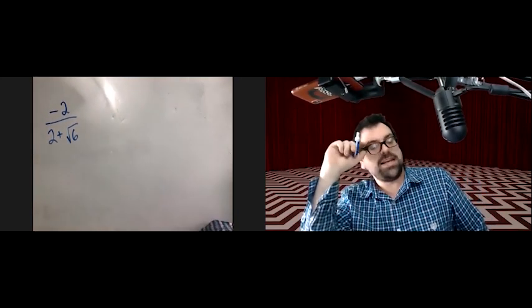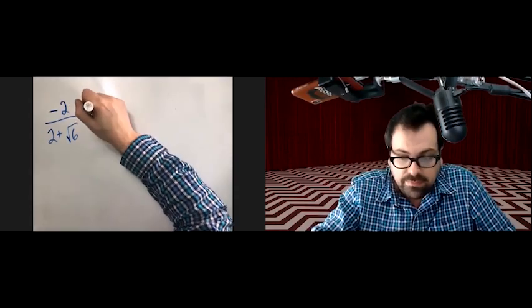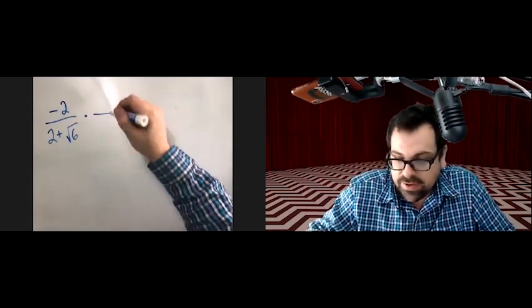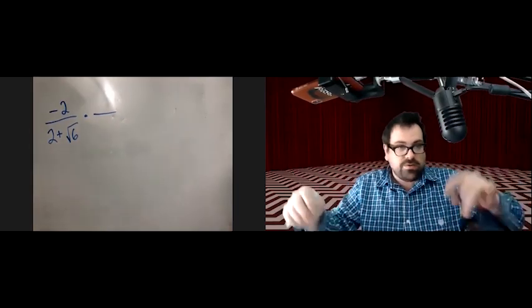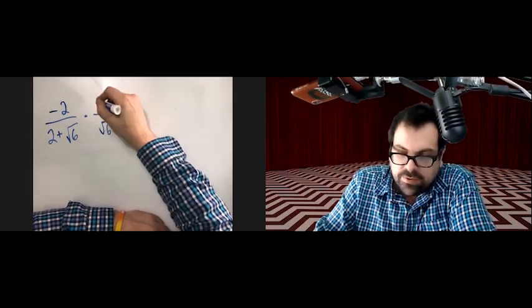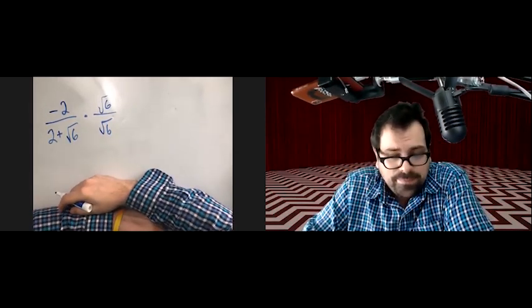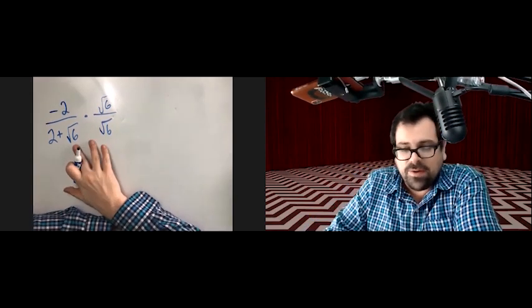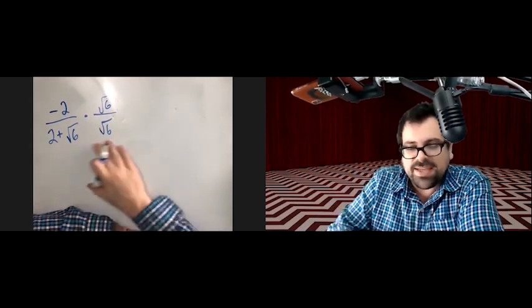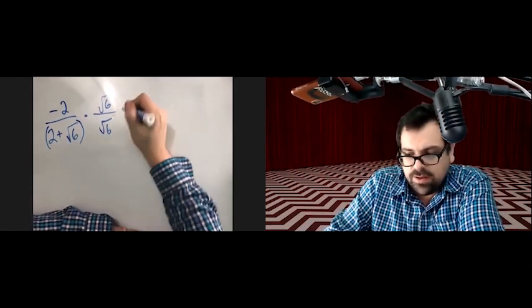We want to rationalize this. Your first instinct might be, by the way, this is wrong. Don't write this down unless you're going to put arrows at it and say wrong. Hey, radical 6 over radical 6, that's worked before. But while that might get rid of multiplying by this, what's actually happening is that we're distributing.